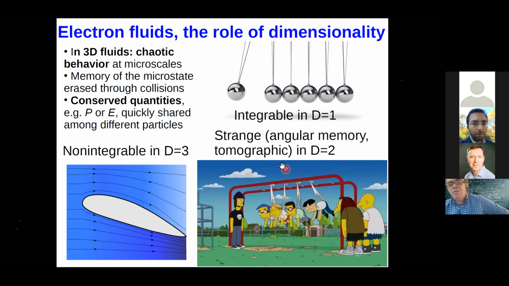Now, what we have in a 2D system is somewhere in between. So there will be quantities that will be erased, and then there will be quantities that will be conserved, and all together it will look a little strange. It will look like a mixture of this behavior and that behavior.